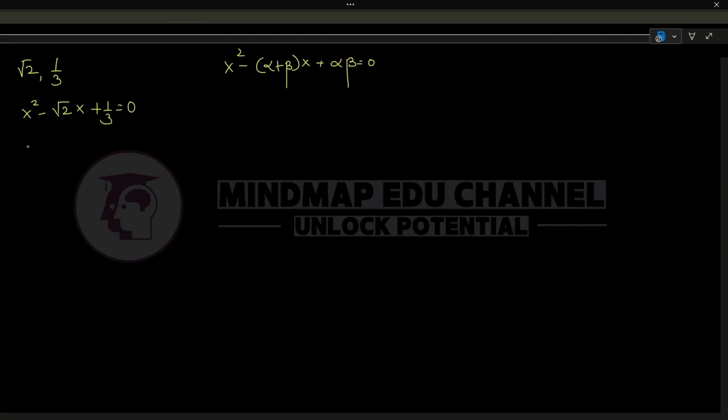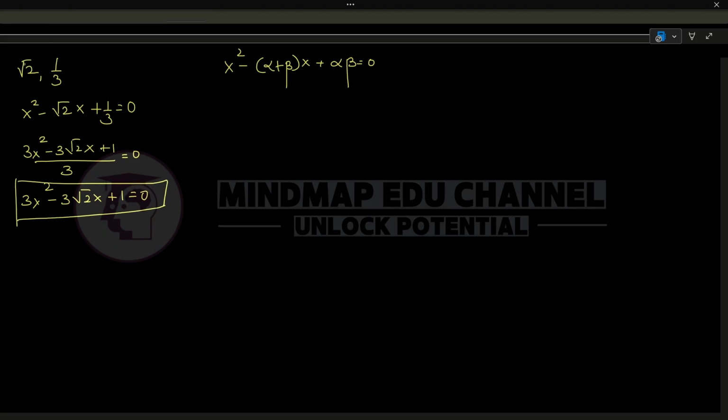Now take the LCM, so we will get 3x square minus 3 root 2x plus 1 over 3 equals 0. So we will get 3x square minus 3 root 2x plus 1 equals 0, and this is our quadratic equation when the sum and the product is given.